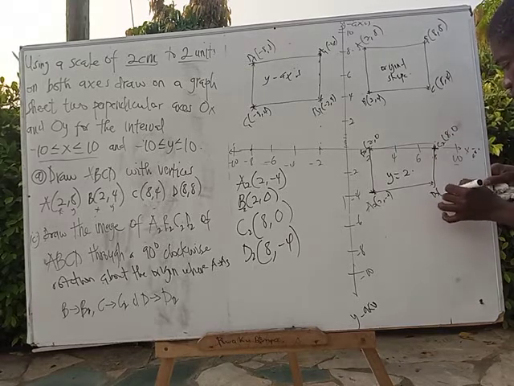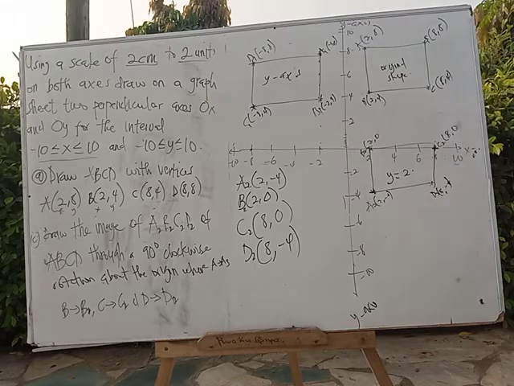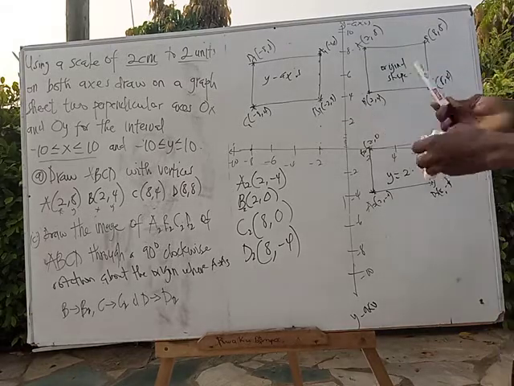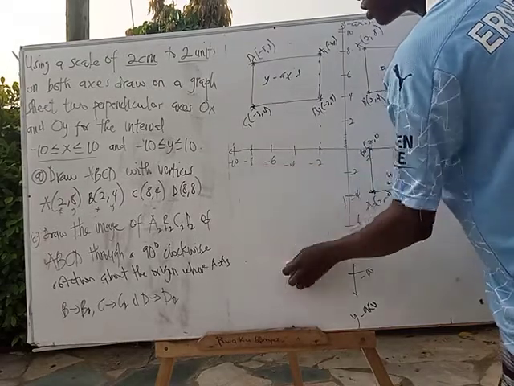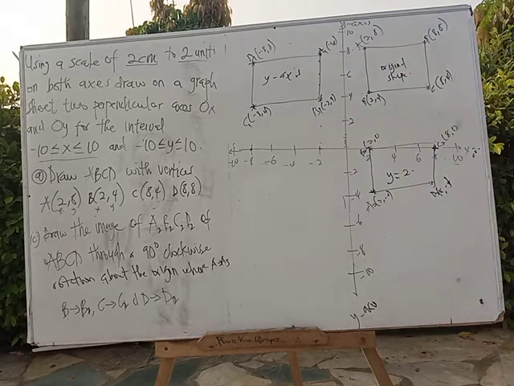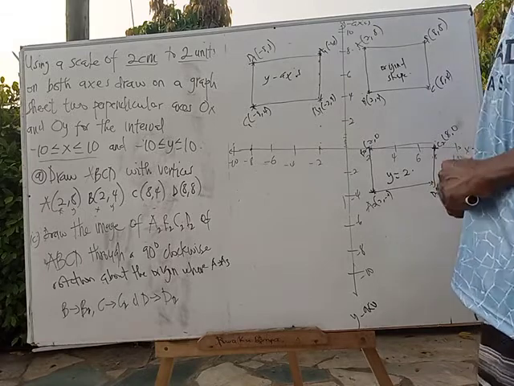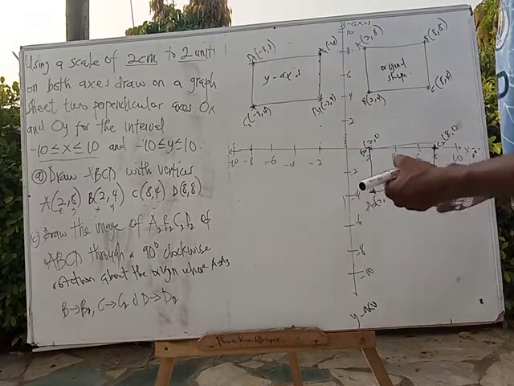And our D2 is 8, negative 4. Don't forget. So we are done. Let's rotate the point. 90 degrees clockwise rotation.